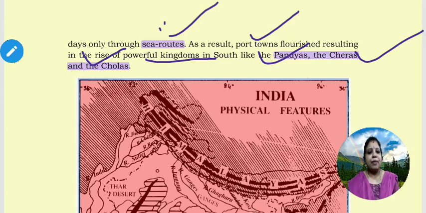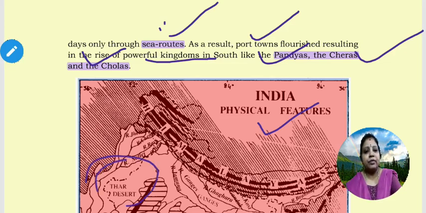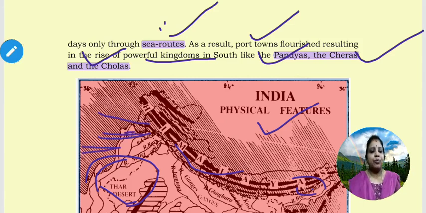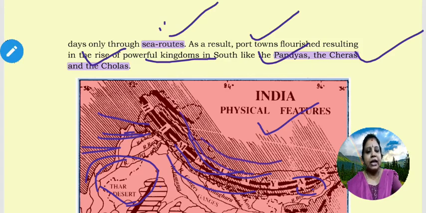This map of physical features is important, and the location is also important. Here we find the Thar desert, and the Ganges and the Brahmaputra are located here. The Indus and its tributaries, the Indo-Gangetic plain, we find here. Himalaya is located like this. These are all the important information you have to know about the physical features of India.